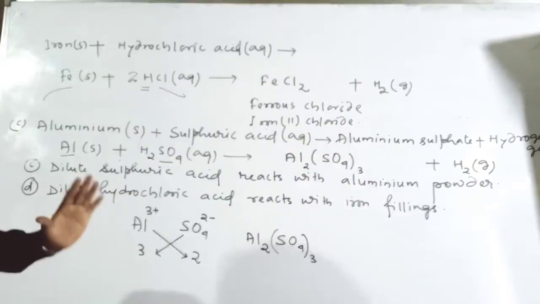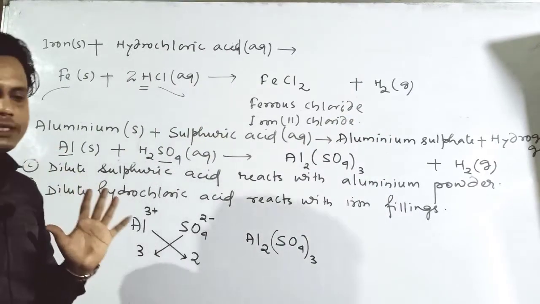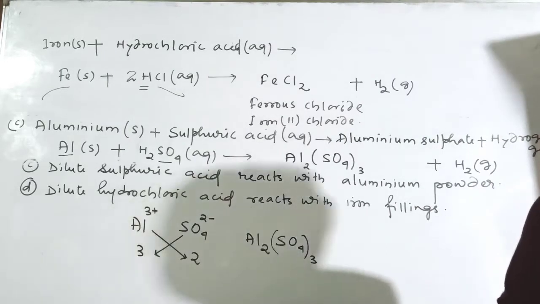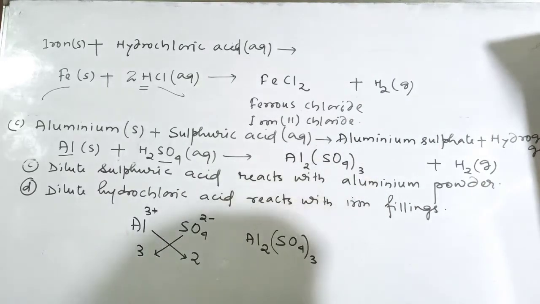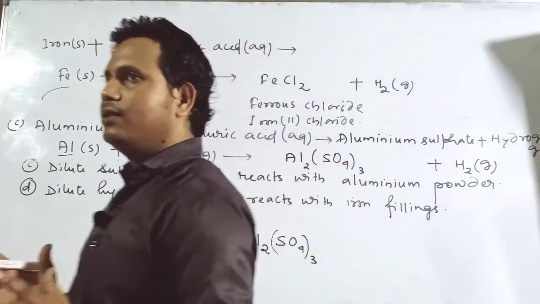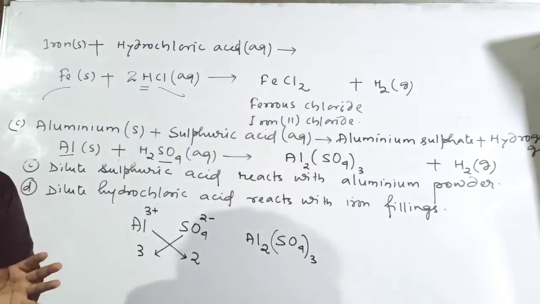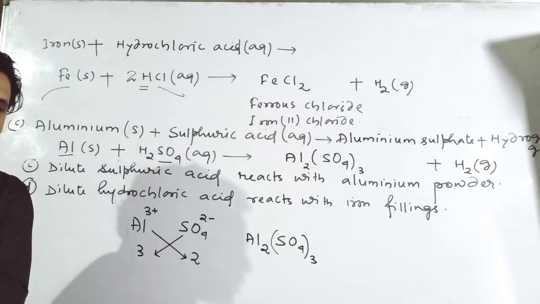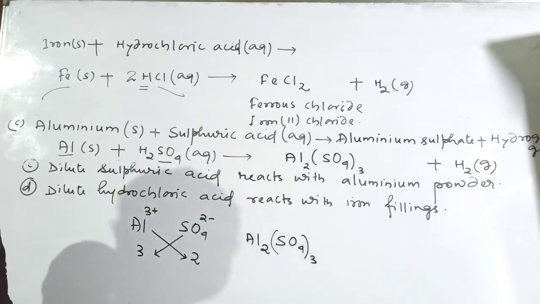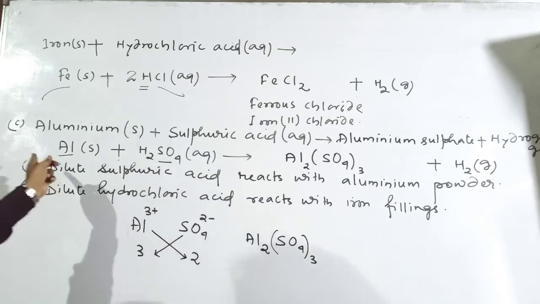So in question number 5 it is asked, reaction of acid with metal. When acid reacts with metal, they produce salt and hydrogen gas. In this question we are asked for a word equation.